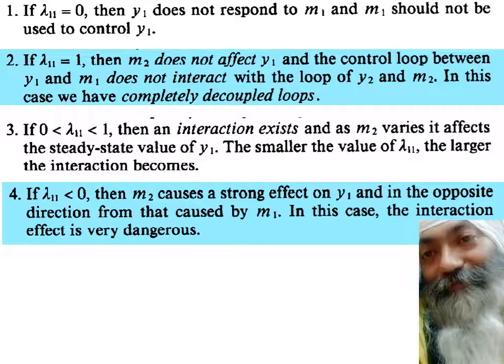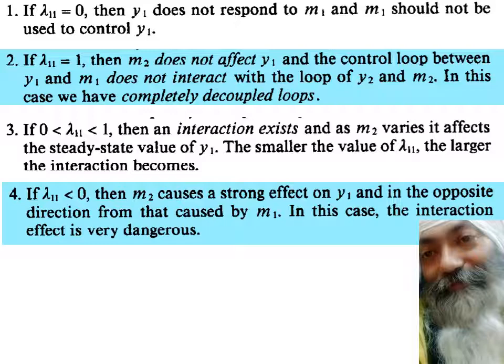And finally, in case this relative gain is less than 0, it means that the interaction is very strong and the indirect effect is in the opposite direction, and that kind of interaction is very dangerous.